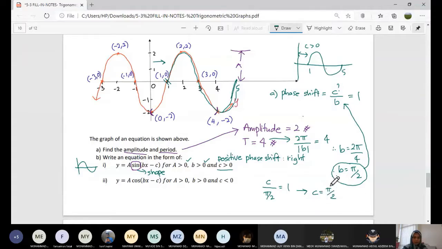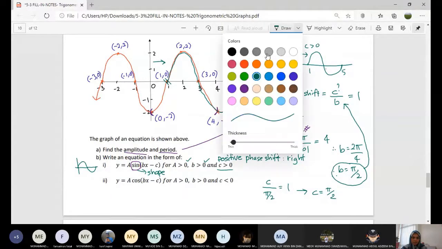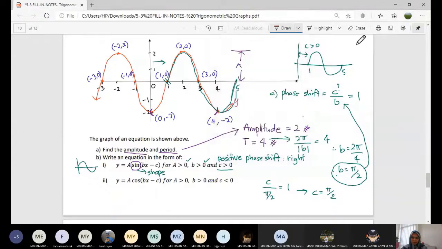So, from here, the equation, okay, we write the equation. The equation in terms of A sine Bx minus C. y equals to, the equation will be, your A is 2, and then we have sine.